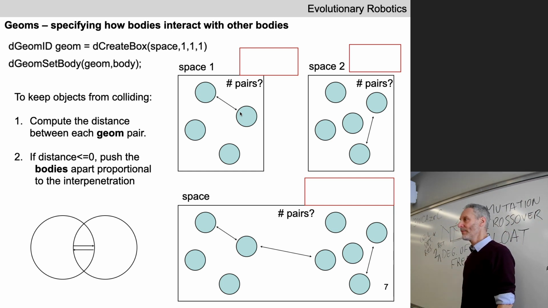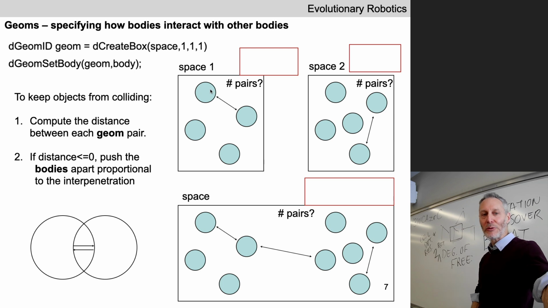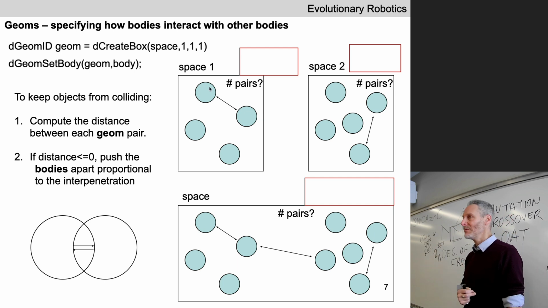Can we do better? If we have n objects, can we do better than n times n minus 1 collision detection events every time step? I see some nods. Any idea how? Well, you don't need to compute the distance between each of them twice. Exactly, right? So when I visited the first one and computed the distance to the second one, I don't need to, when I get to the second one, compute the distance to the first one.